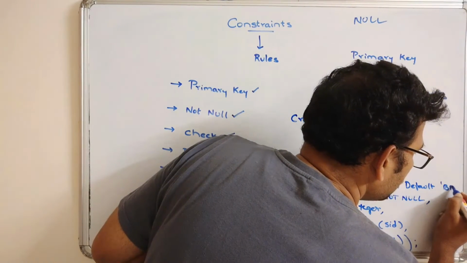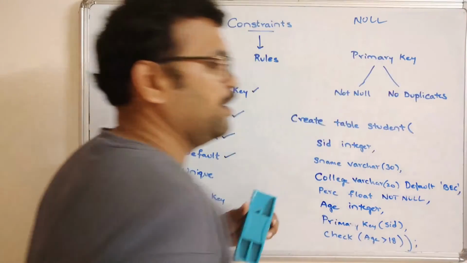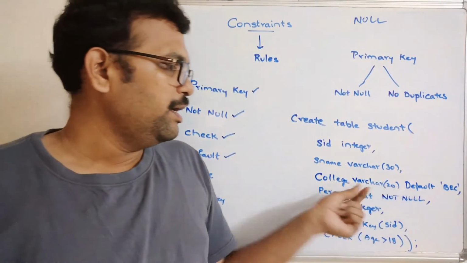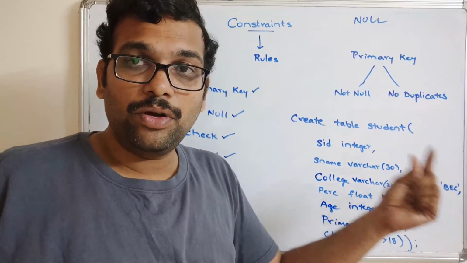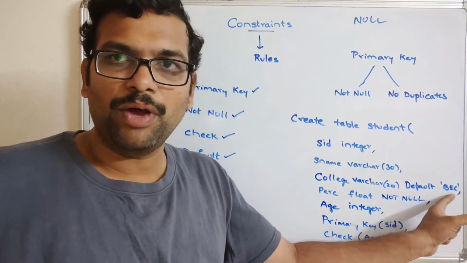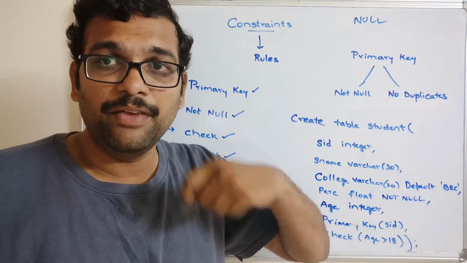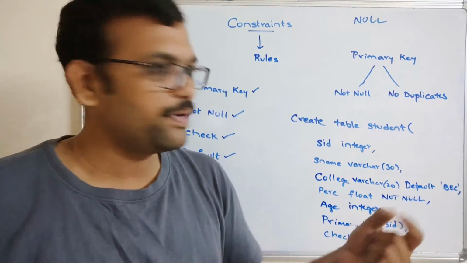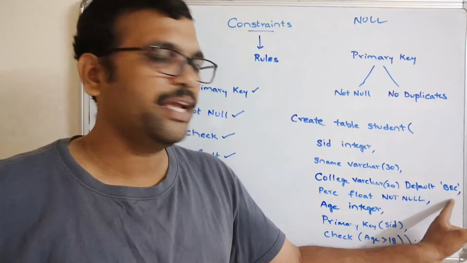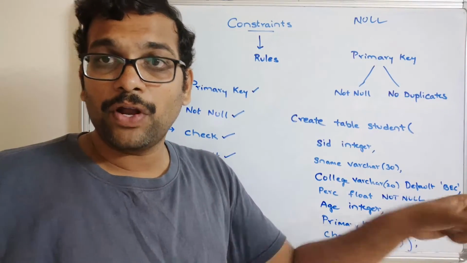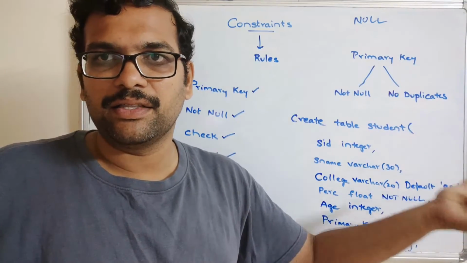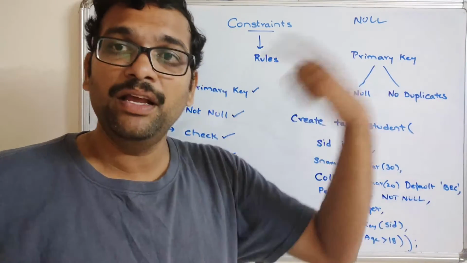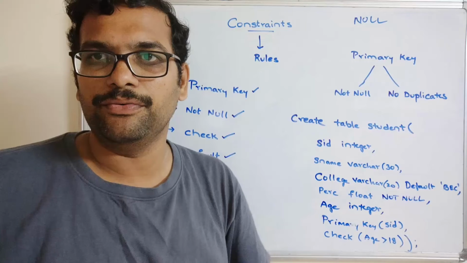Let us write some college name here. While declaring the attribute itself, we can write the default value. If you are not giving any value for the college, by default it will be taken as BEC. If you give any value for the college, this BEC will be replaced with the given value.